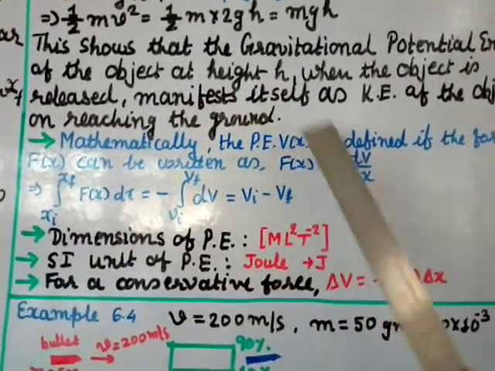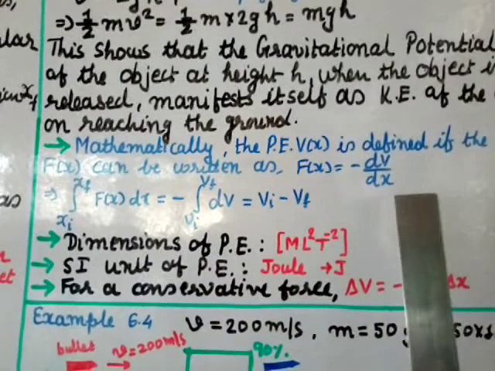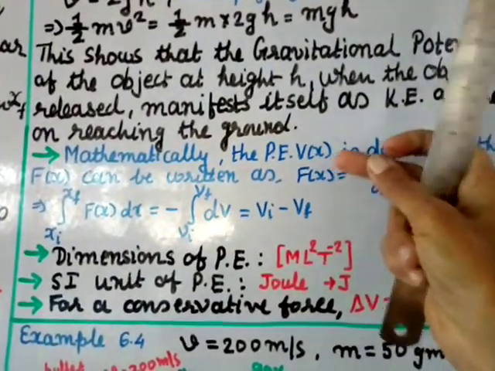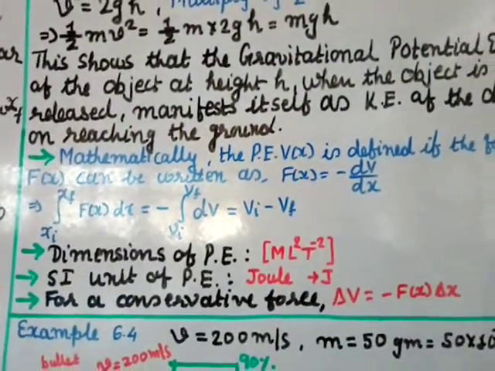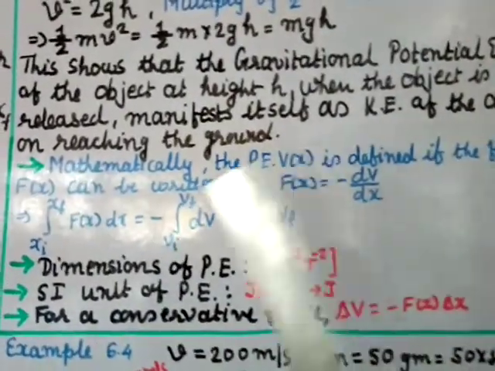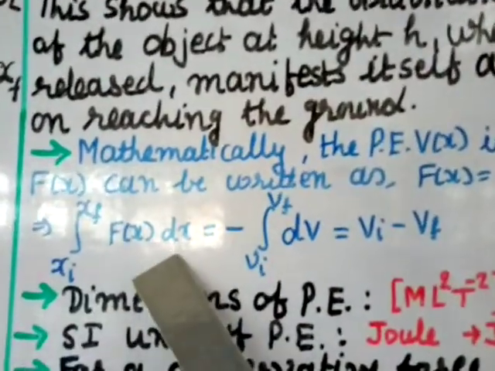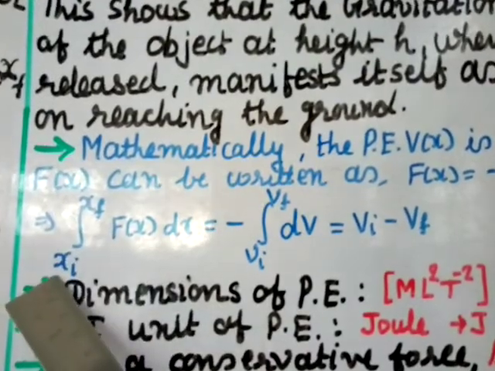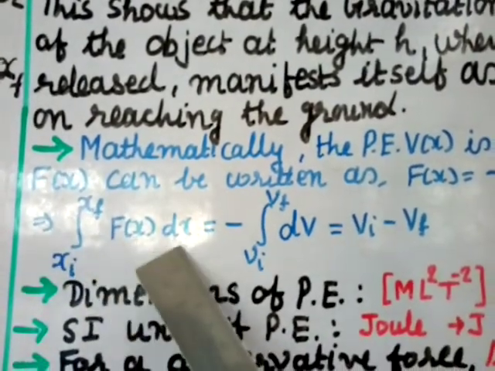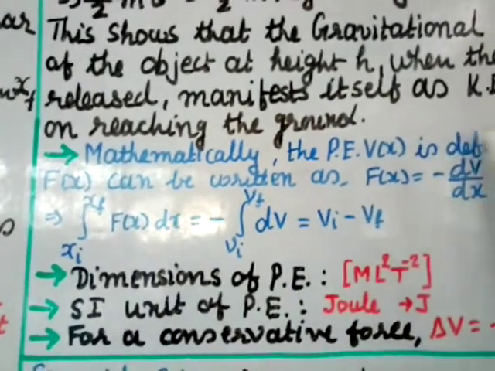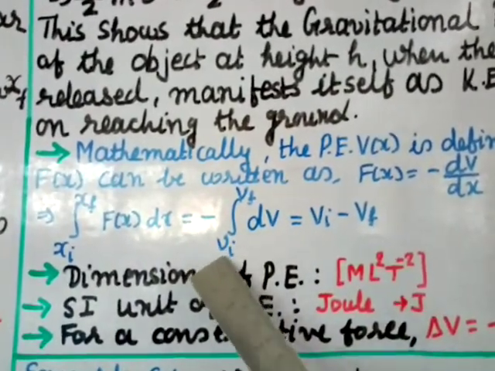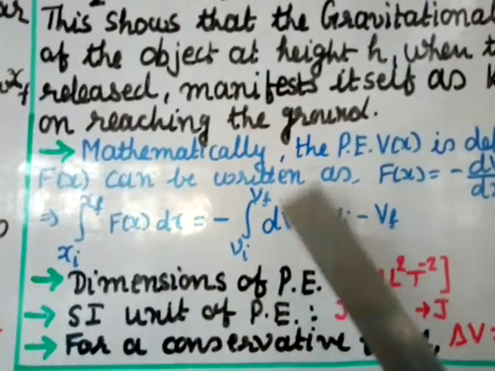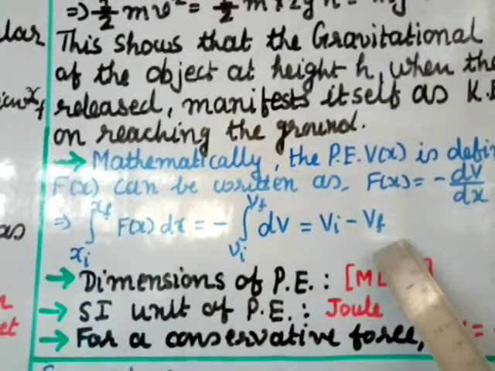Then we take the integral on both sides. First you transfer dx over here, and then integrate on both sides. With respect to x, the position, the integral from xi to xf, initial position to final position, of F of x dx equals the negative of the integral from the initial potential energy Vi to Vf of dV.